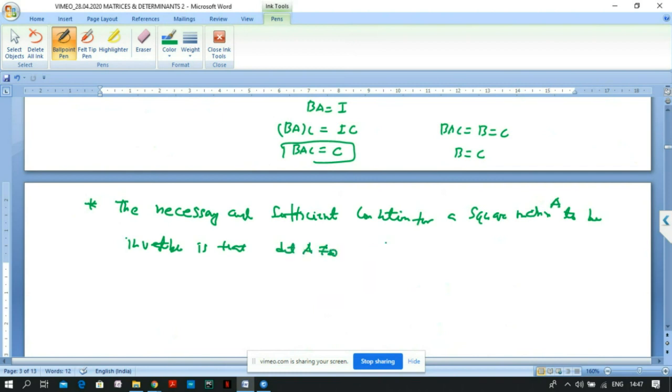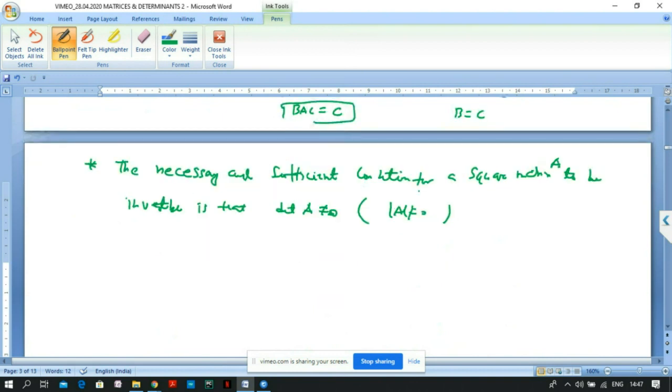Determinant of A, or I can use the symbol that looks like modulus, is not 0. It is the necessary and sufficient condition for a square matrix A to be invertible.